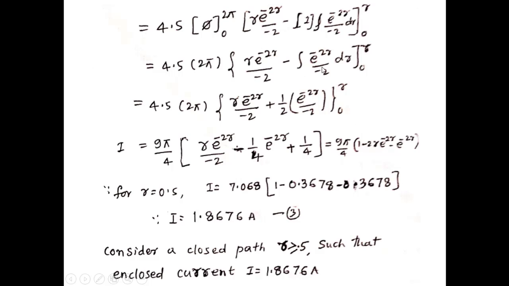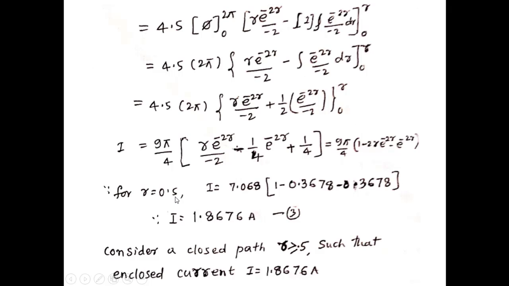So we get 4.5 into 2 pi into [r e raised to minus 2r by minus 2 minus the integration of e raised to minus 2r by minus 2 dr], 0 to r. We get 9 pi, so I is equal to 9 pi by 4 [r into e raised to minus 2r by minus 2 minus 1 by 4 e raised to minus 2r plus 1 by 4], which is equal to 9 pi by 4 [1 minus 2r e raised to minus 2r minus e raised to minus 2r].